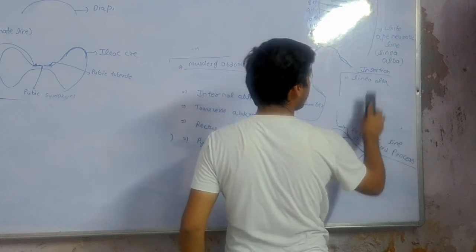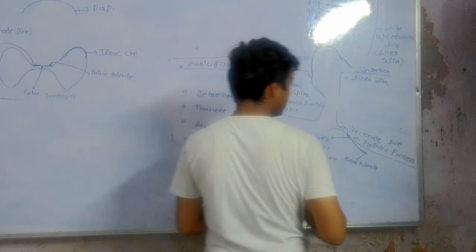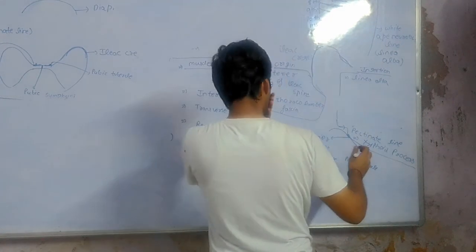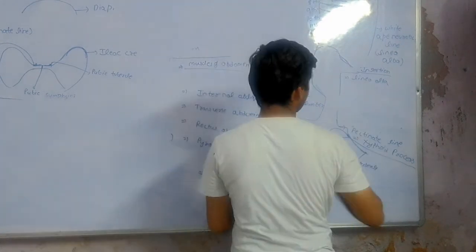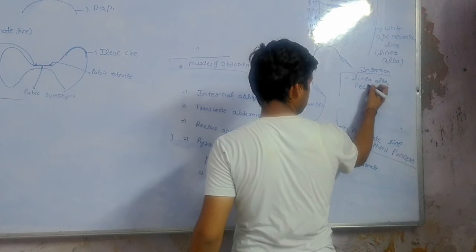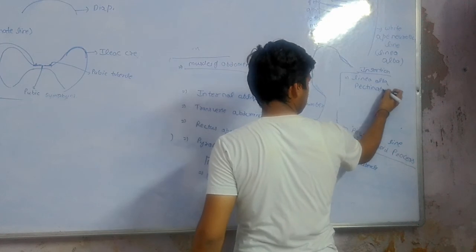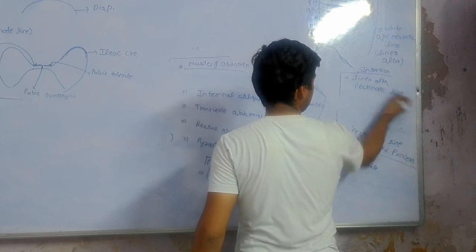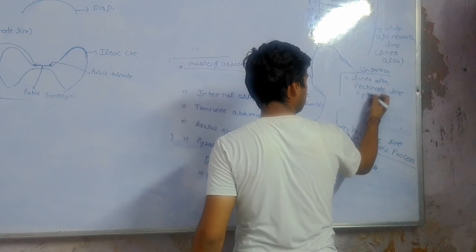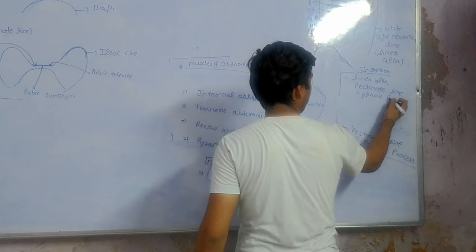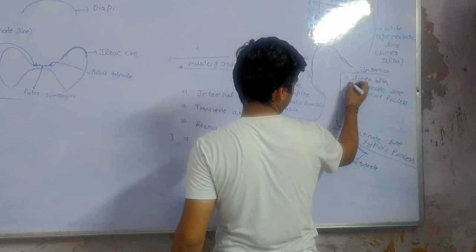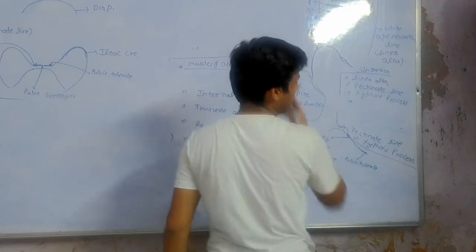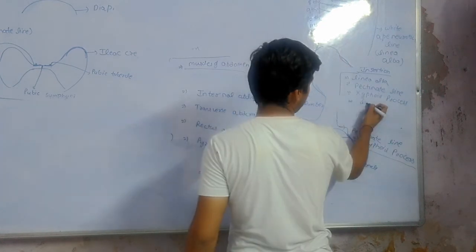The first is linea alba, xiphoid process, pectinate line.